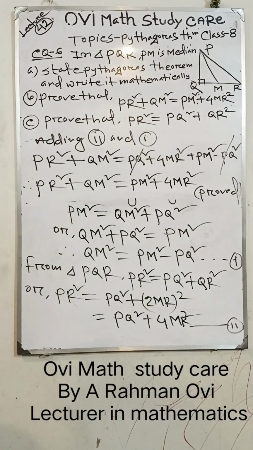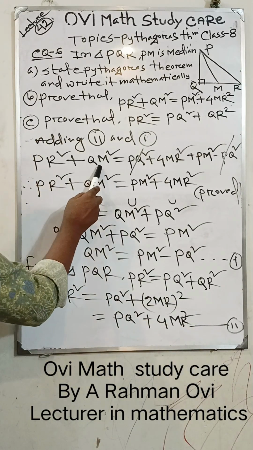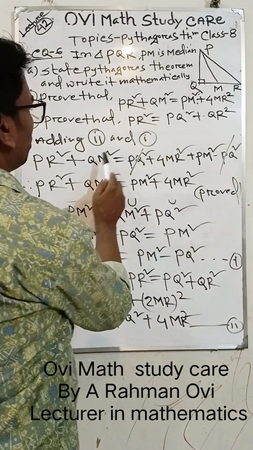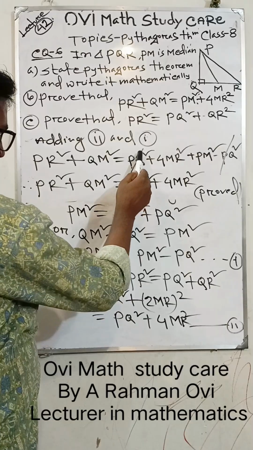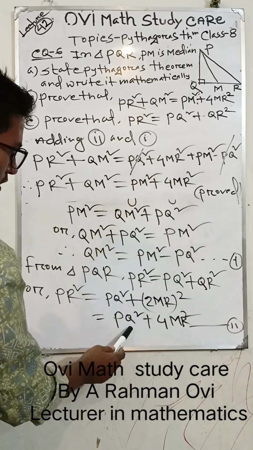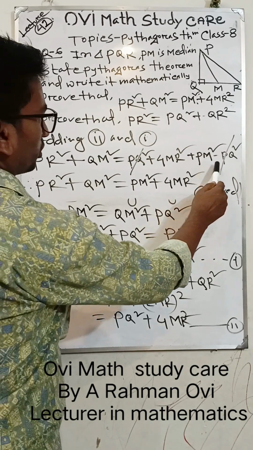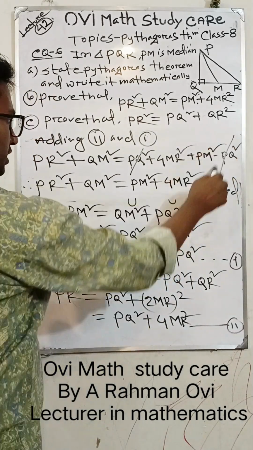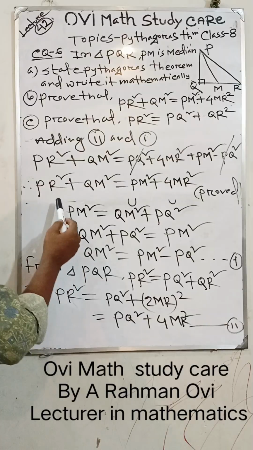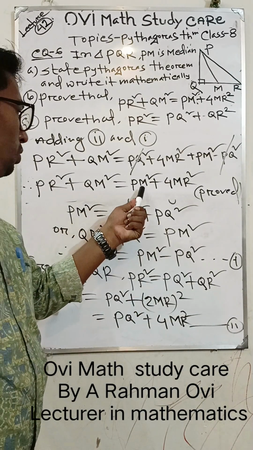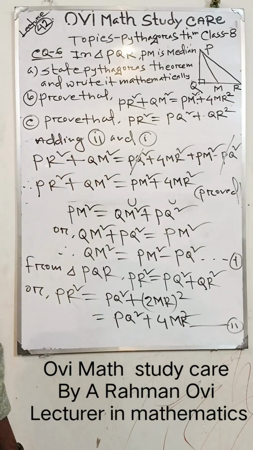Adding 1 and 2 we get PR square plus QM square. Putting the value of QM and cutting the PQ square, we get PR square plus QM square equal to PM square plus 4MR square. This is the proof of question number B.